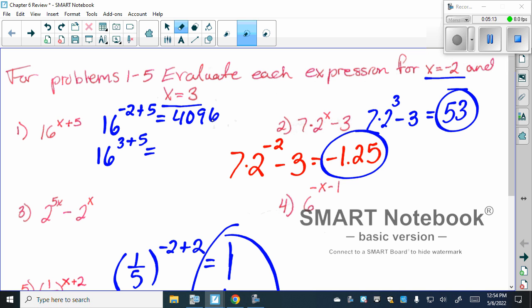So 4096, and then 4,294,967,296, because we're doing 16 to the 8th power.